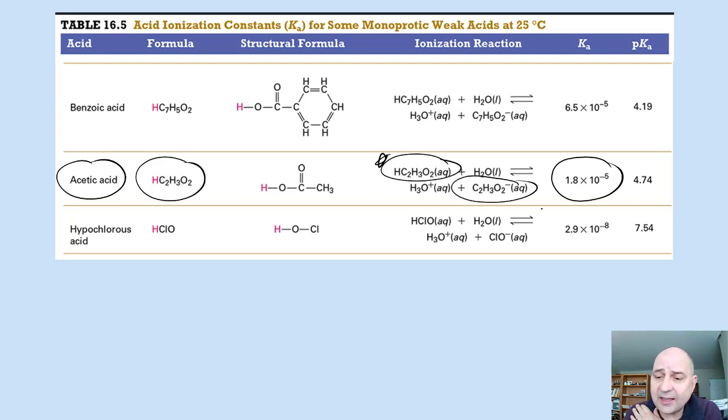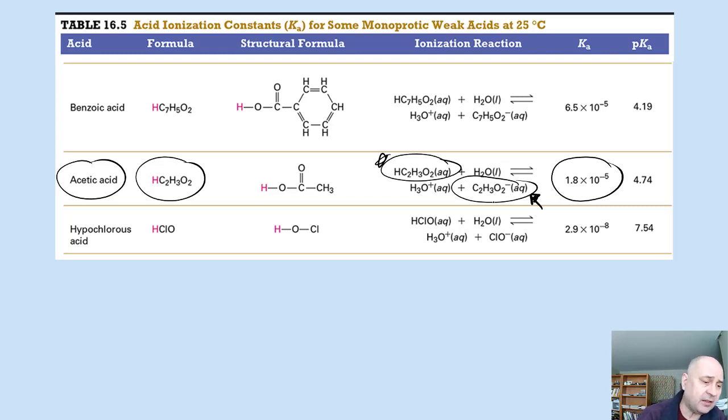So if you have a source of this conjugate base, and that could be any ionic solid that you dissolve in water, it will produce acetate ions. And we know from the solubility rules that acetate compounds are soluble. Sodium acetate, magnesium acetate, ammonium acetate, iron acetate, all acetates are soluble.